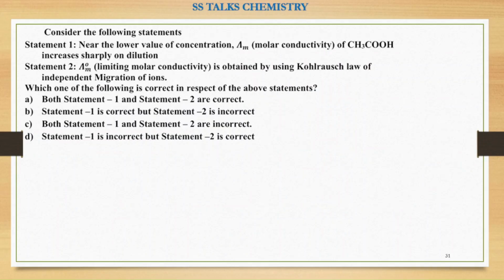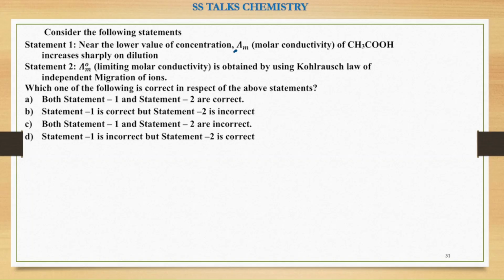Right. We have this. It says statement based. Statement 1 says near the lower value of the concentration, the molar conductivity of acetic acid increases sharply on dilution. And statement 2 says the limiting molar conductivity is obtained by the Kohlrausch law of independent migration of the ions. So if you see, statement 1 says near the lower value of the concentration, the conductivity of acetic acid increases sharply.